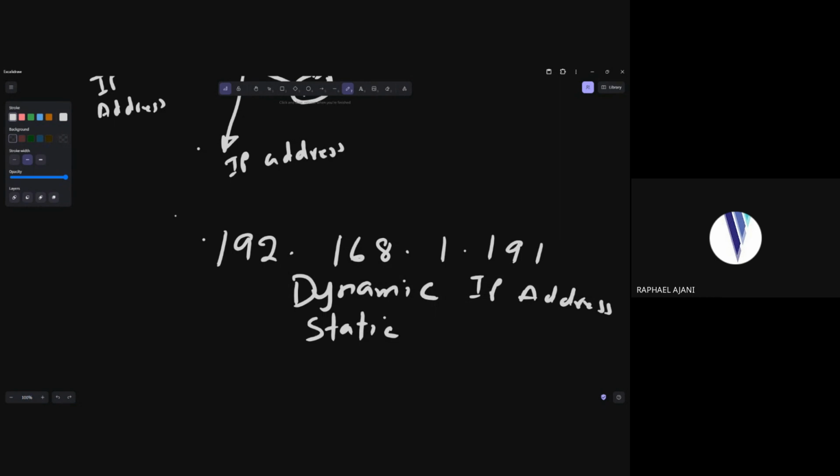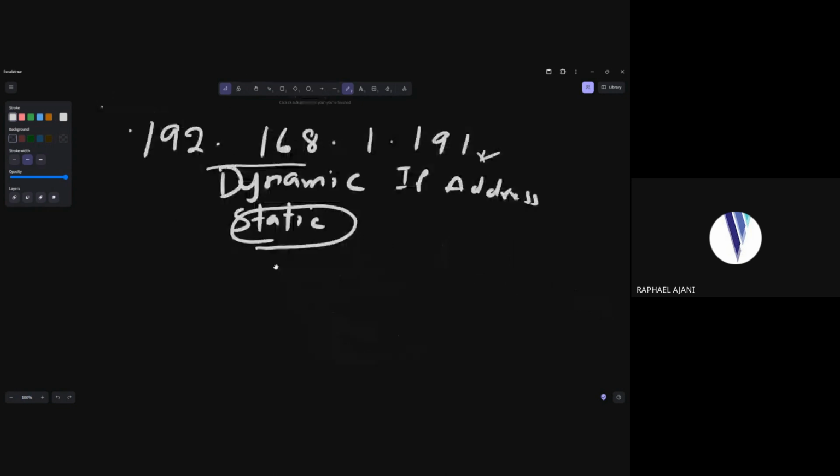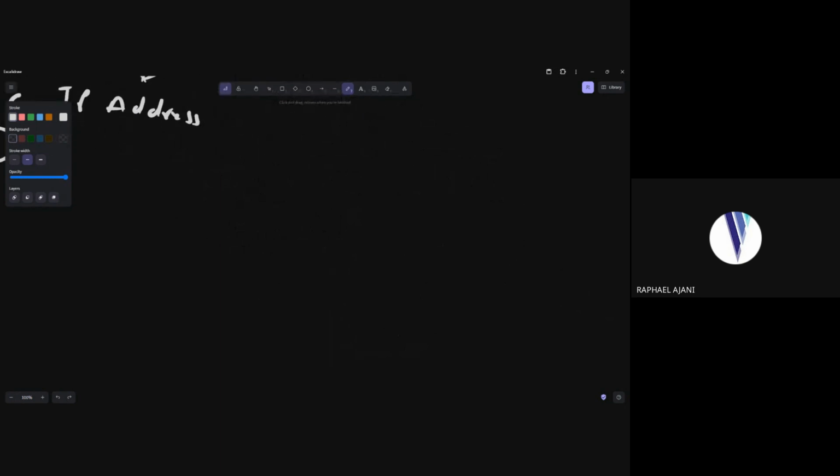Now, for those who are interested in security, you want to avoid static IP addressing, because if an attacker knows your IP, that person can exploit your network for the next donkey years until you change the IP address, right? So that's that. Please, if you have questions, just note them. I'm going to take them after a while. So the question is, what exactly is IP addressing? Now, IP addressing starts.